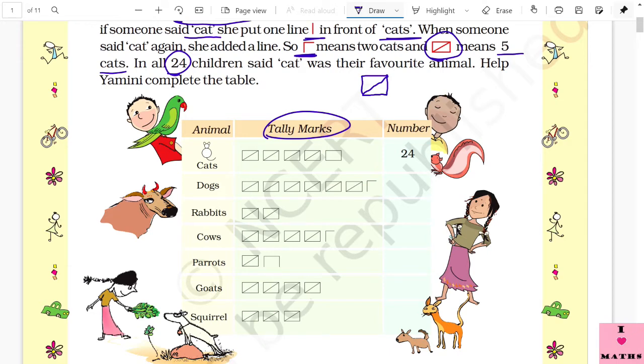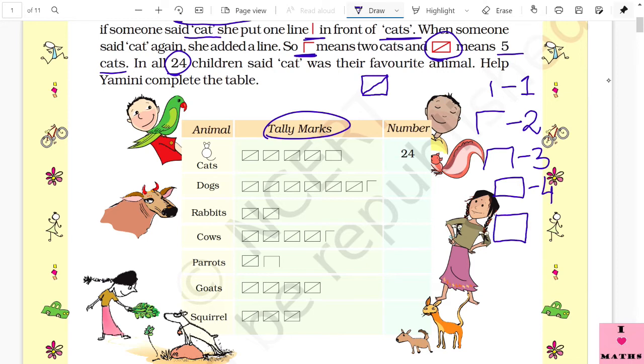Before we start the table, this means 1, this means 2, this means 3, this means 4, and this means 5.